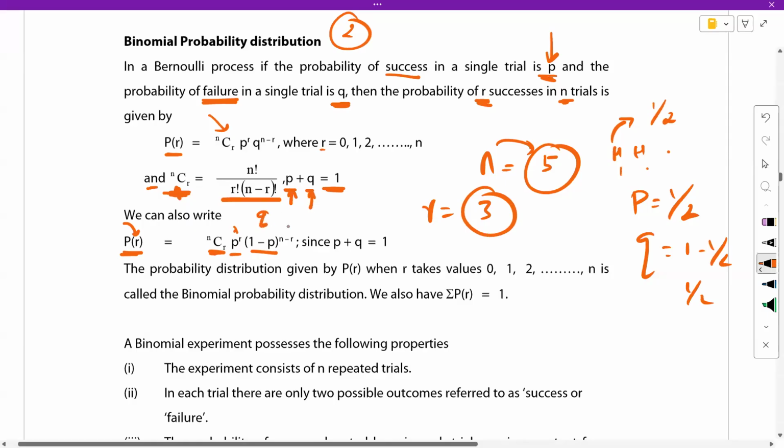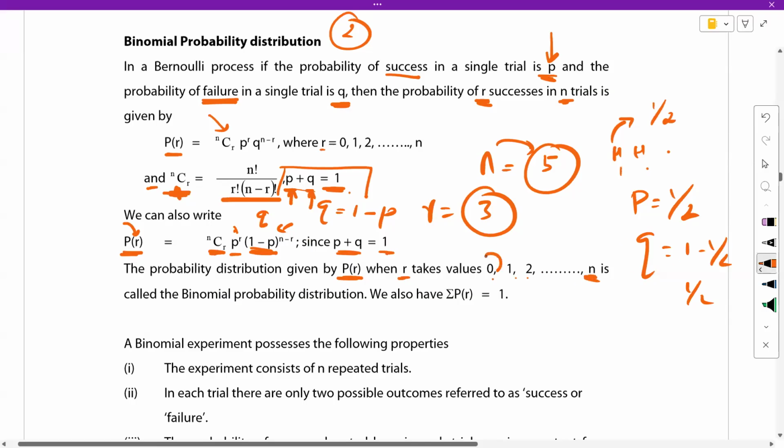Q. Yes, Q. P plus Q equals 1, no? Then Q equals 1 minus P. So that's what is given here: 1 minus P to the power N minus R, since P plus Q equals 1. The probability distribution is given by P(R) when R takes values 0, 1, 2, 3 up to N.